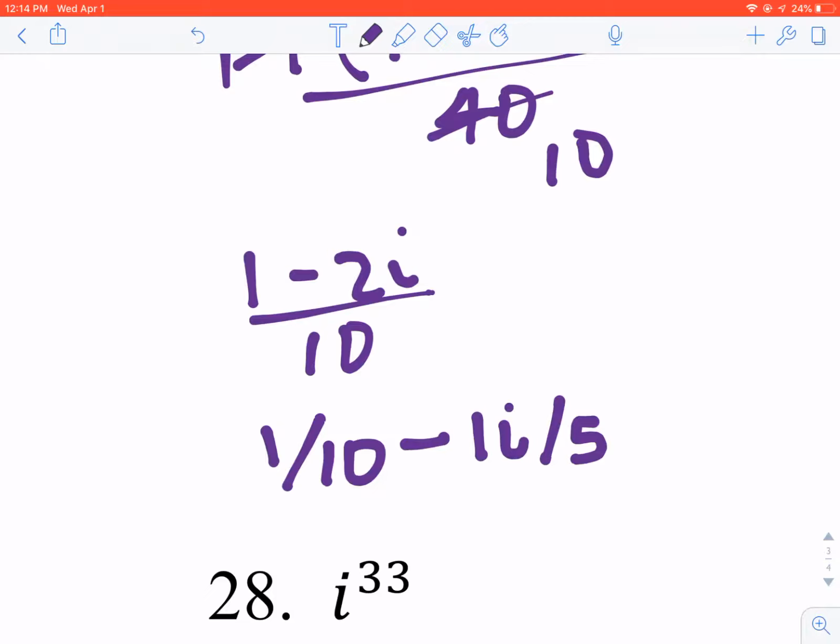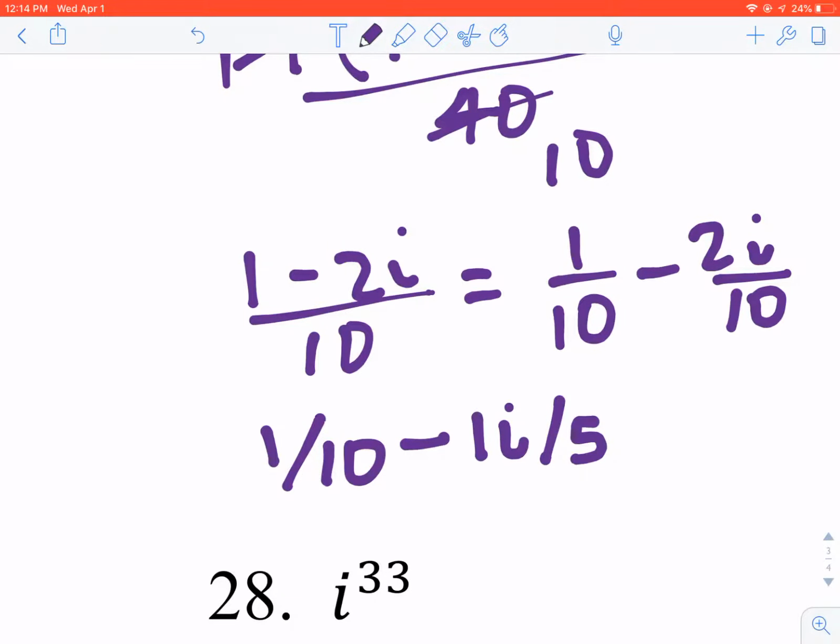Why did I say 1i divided by 5? Because this is 1 over 10 minus 2i over 10. So when I wrote the answer, because I can't make fractions very well, they were the slash fractions. So 1 divided by 10 minus, and then over here I have this 2 and this 10. They simplify to 1/5. So I put minus 1i over 5.